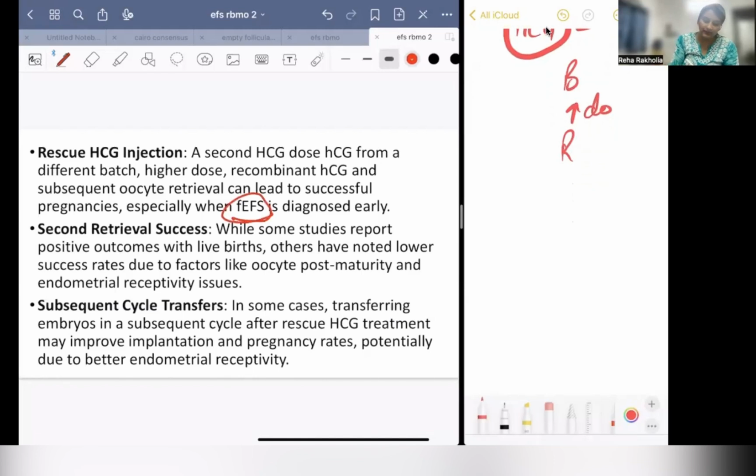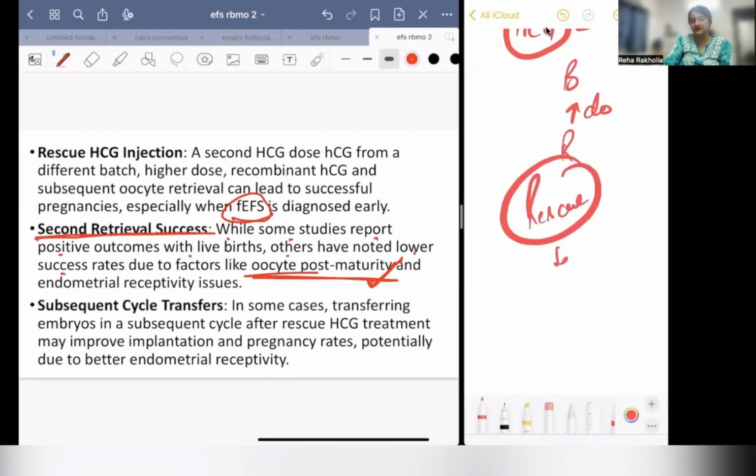Then second, retrieval success. While some studies report positive outcomes with live birth, others have noted lower success rates due to factors like oocyte post maturity, because we are giving the rescue dose now, and issues in endometrial receptivity.